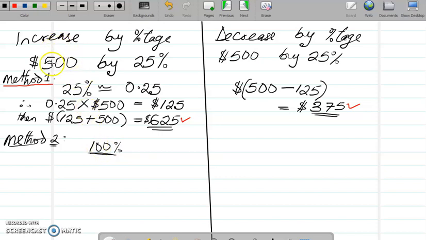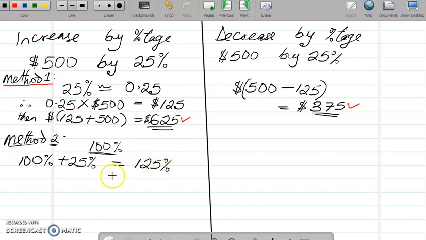So if you're asked to increase $500 by 25%, I will say 100% plus 25% because I am increasing. That is why I have to add, and that gives me 125%.